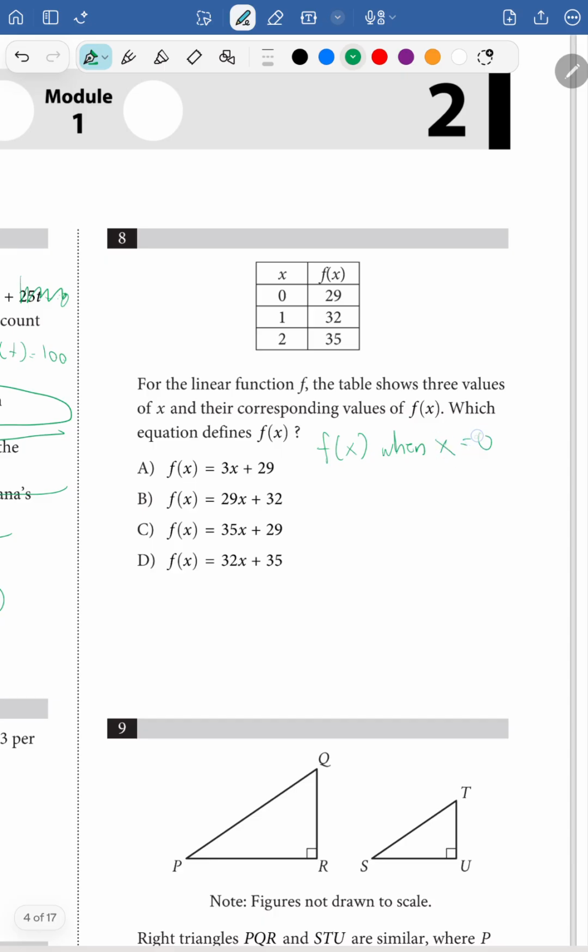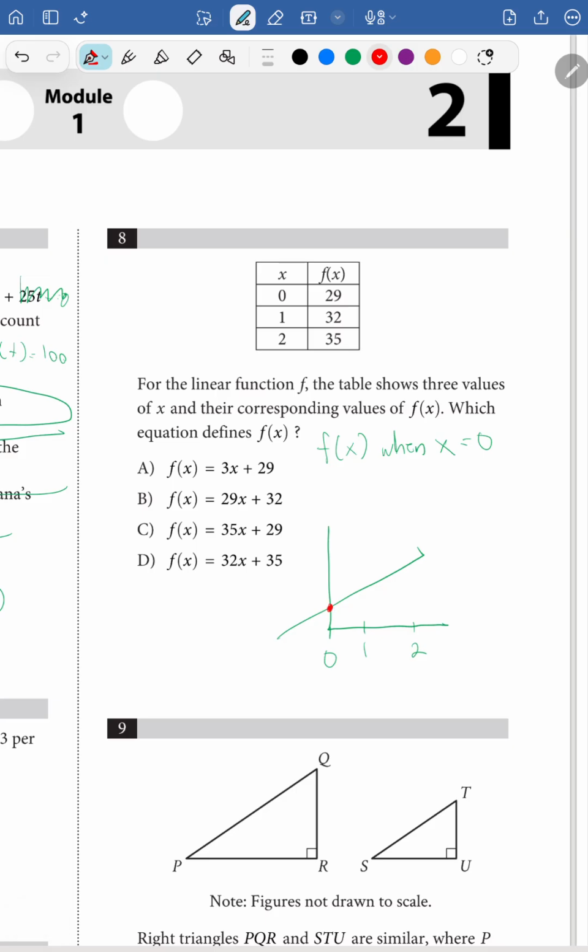The reason it is called the y-intercept is because if you look at a graph, I'm just drawing a random line. This has nothing to do with the question. But if we had a line like this, the moment where the line touches the y-axis is when x is equal to 0.